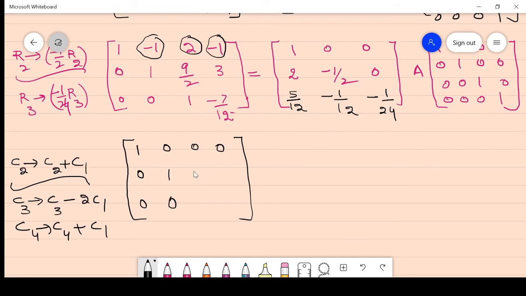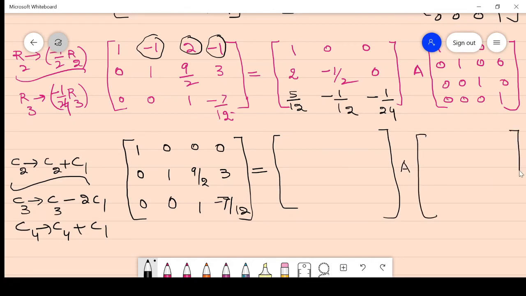Again, second column, so 9 by 2, 1, and this is 3, minus 7 by 12. So minus 7 by 12. This will be the same; it will not affect this matrix, since a column operation does not affect this matrix.